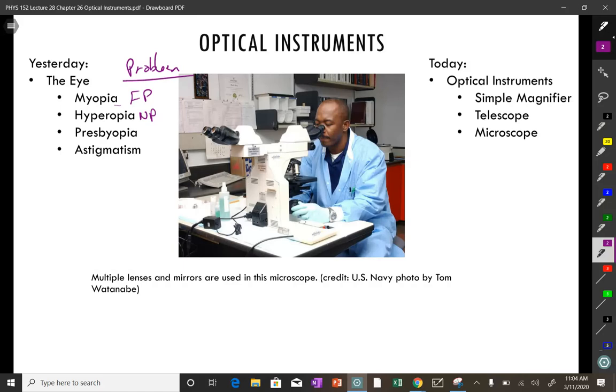Presbyopia. What's the problem with presbyopia? It's the hardening of the lens. Is it the cornea? Not the cornea, of the crystalline lens. Remember, the cornea is the primary focusing element. The crystalline lens is the one that adjusts so we can accommodate, so we can focus on different distances. The lens is behind the iris. And so when that hardens, you can't accommodate as much and you can't adjust your focus.